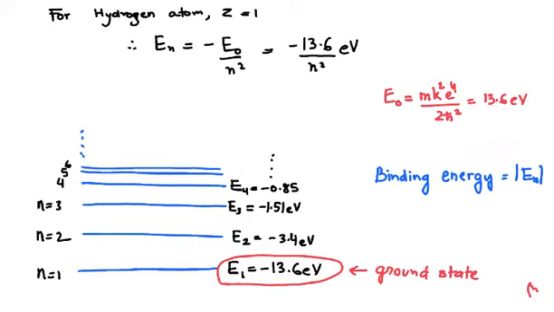So it will be equal to the magnitude of the energy of that orbit. So for example, if I ask you what is the binding energy of an electron in the n equals 2 state, you look at E2, it's minus 3.4 electron volt, so the binding energy will be 3.4 electron volt.